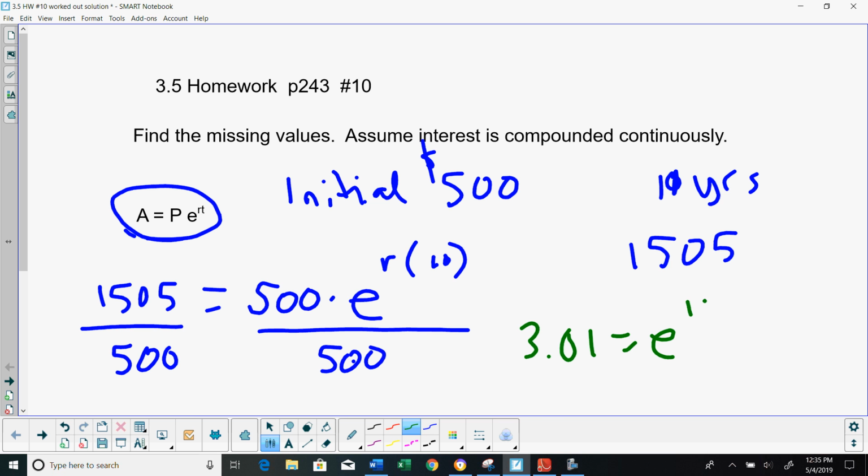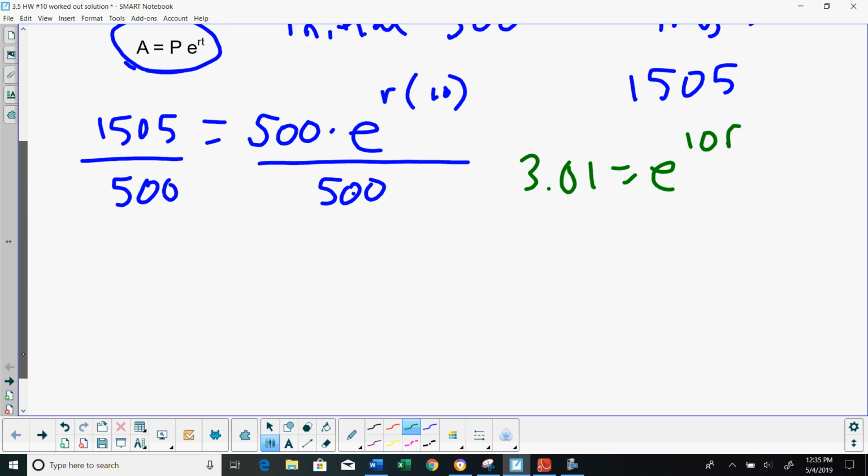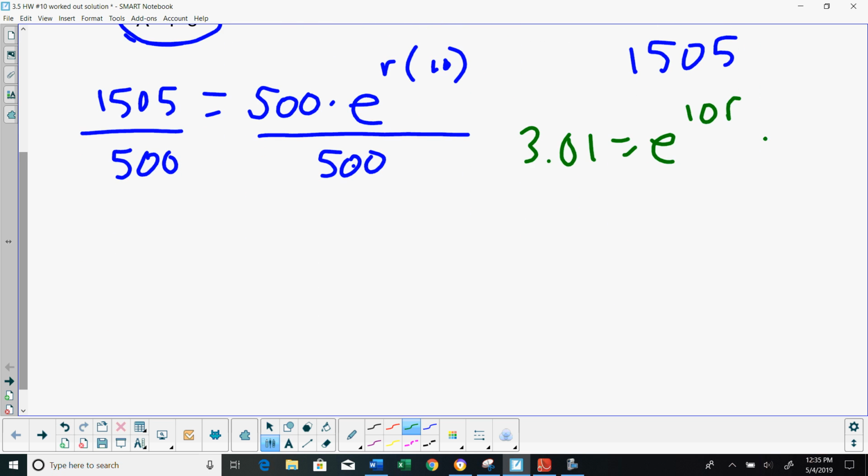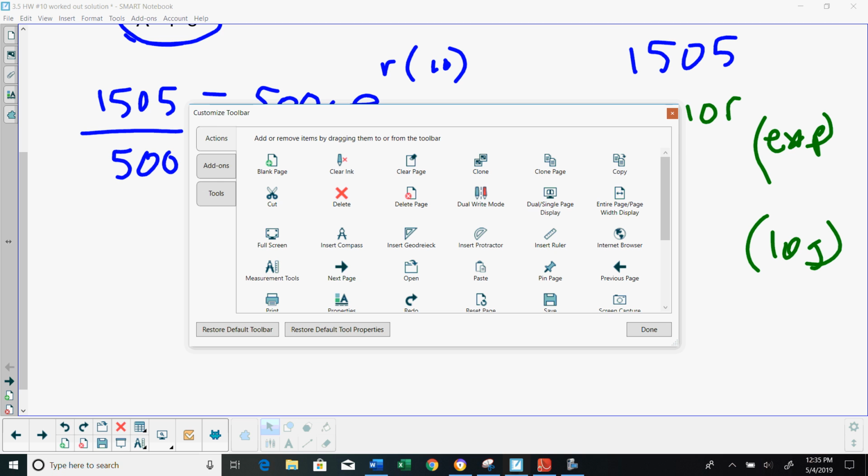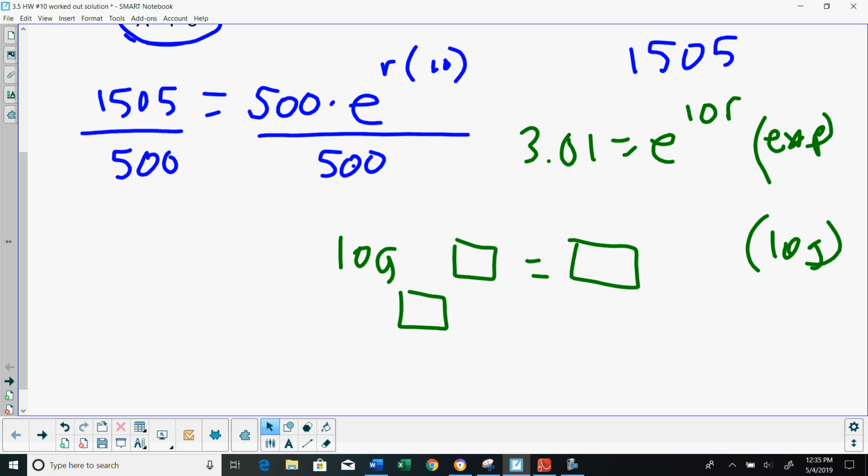So I get 3.01 equals e to the 10r, and then I need to solve for something that's up in an exponent, so I need to rewrite this from exponential form to log form. That means log to the base e of 3.01 equals 10r.